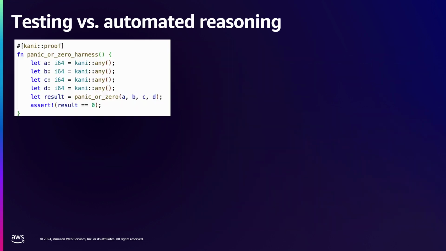With a tool like Kani, you would just start by writing what we call a proof harness, which looks very much like a test harness. It's a Rust function that's tagged with the Kani proof attribute. The preamble of this function allocates inputs for the function under verification, and then just invokes the function, gets the result, and asserts that the result is always equal to 0.